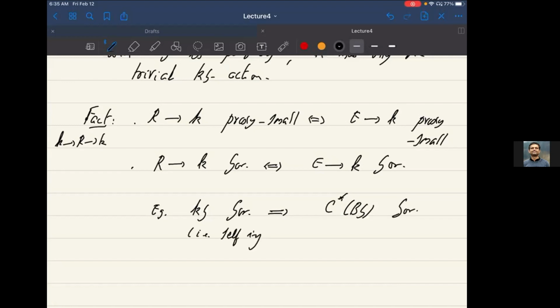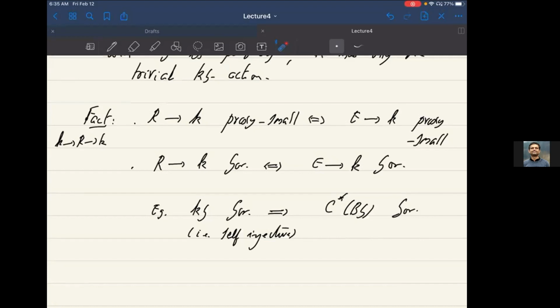In the world of algebras, it's a zero-dimensional Gorenstein ring, the group algebra of a finite group. So all this machinery tells me that cochains on BG is Gorenstein. So this is how one proves that these things are Gorenstein.